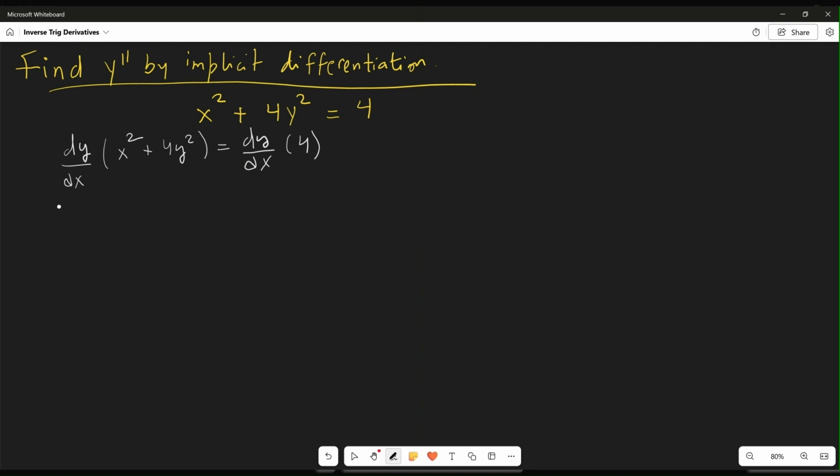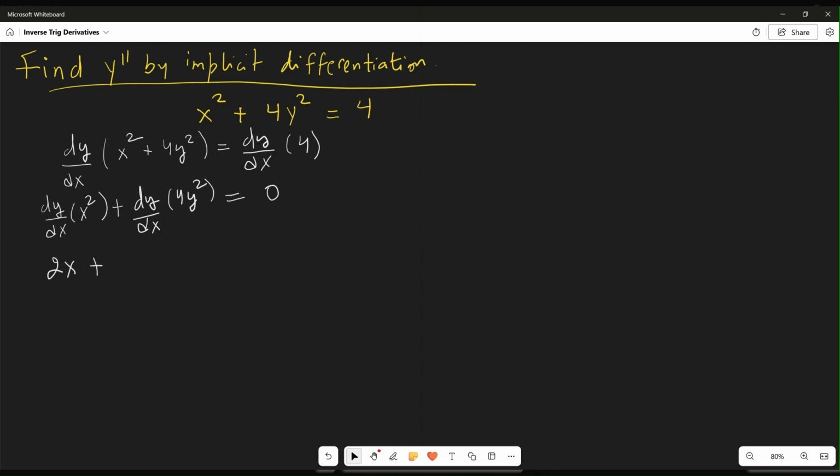Simply, this is going to take the derivative of x squared plus the derivative of 4y squared, and the derivative of a constant is 0. Since this is a function of x, the derivative of x squared is simply, by the power rule, 2x plus.